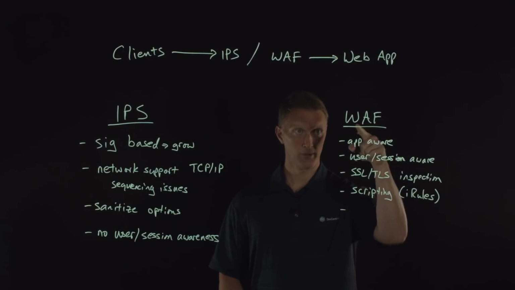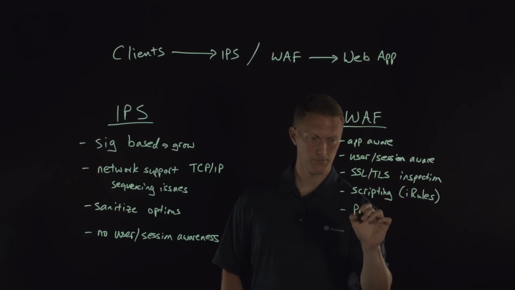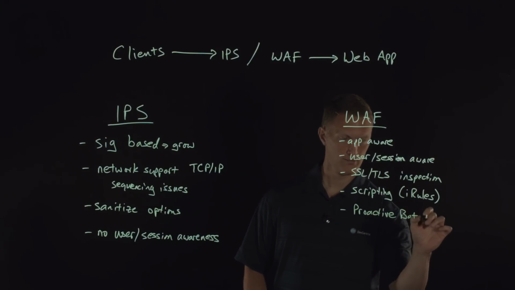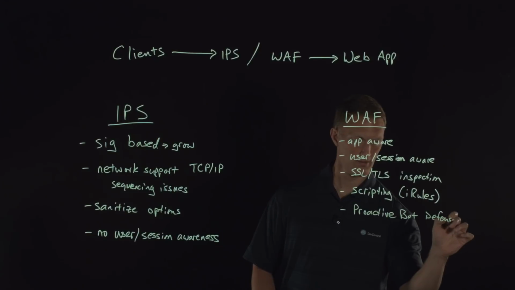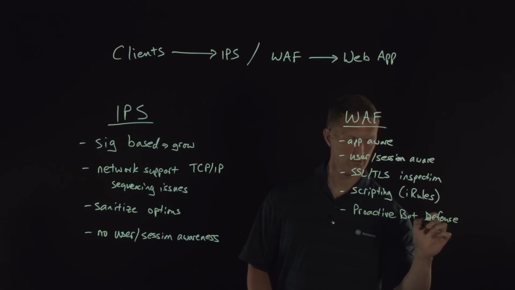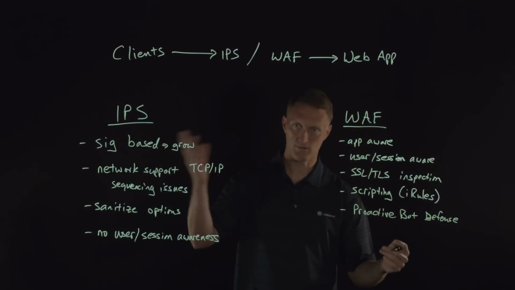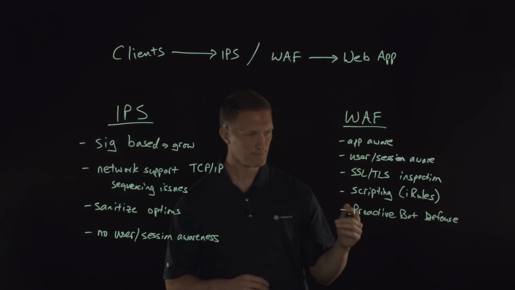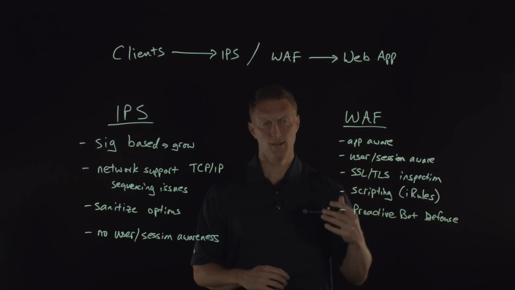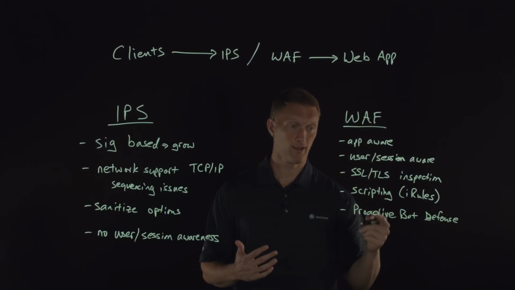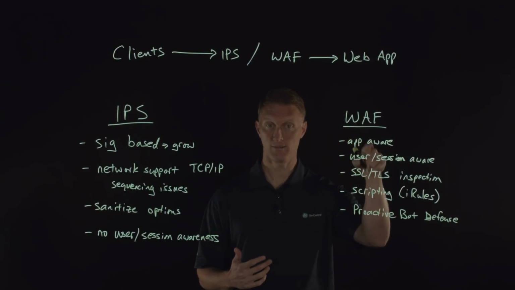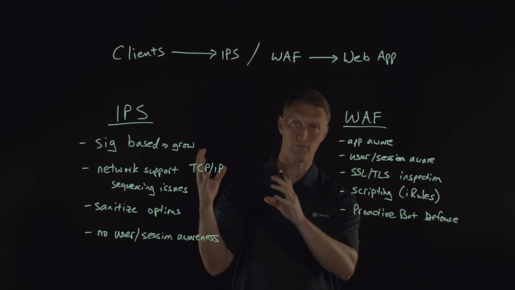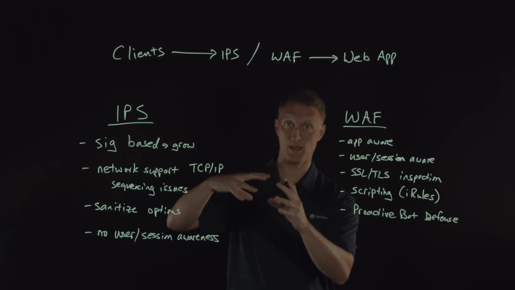Another thing that we offer in the Advanced WAF is proactive bot defense. That's a D right there, defense. This is really cool because bots are a problem. I won't go into that whole thing, but you understand bots can be an issue. They can be used in various DDoS attacks or otherwise. On the F5 Advanced WAF, we can proactively detect if a client or user is a bot or not.